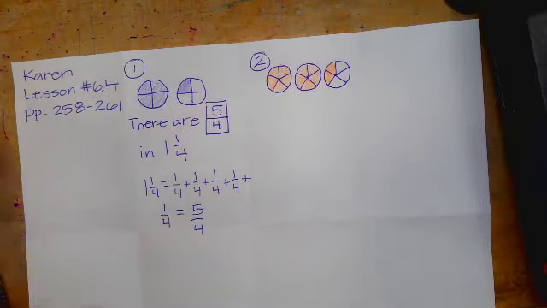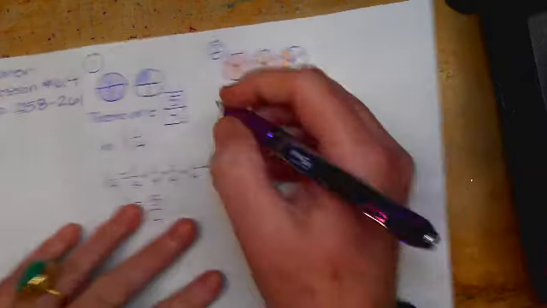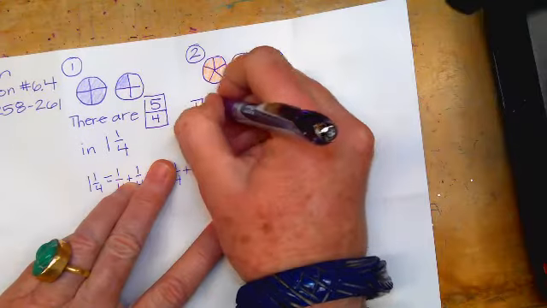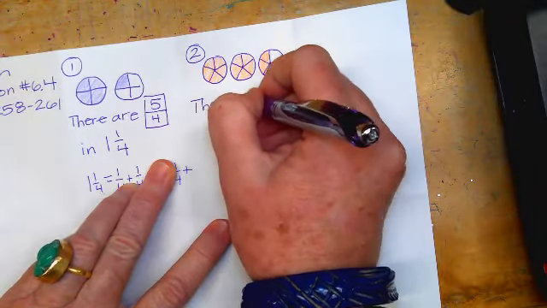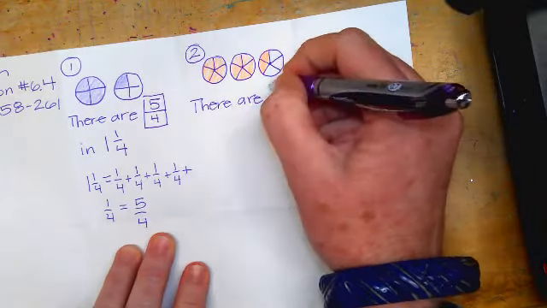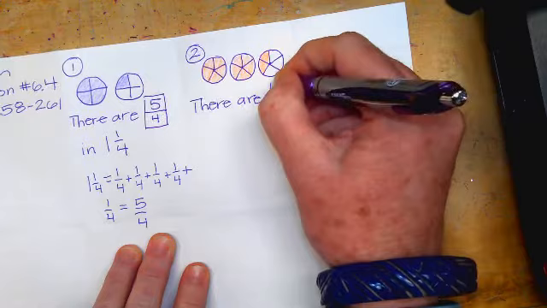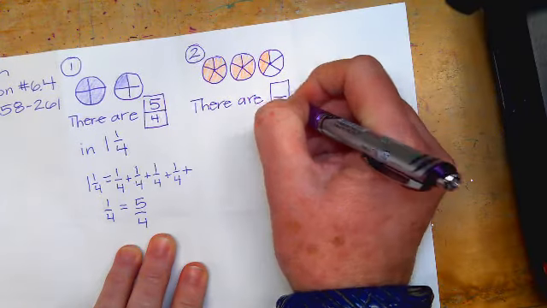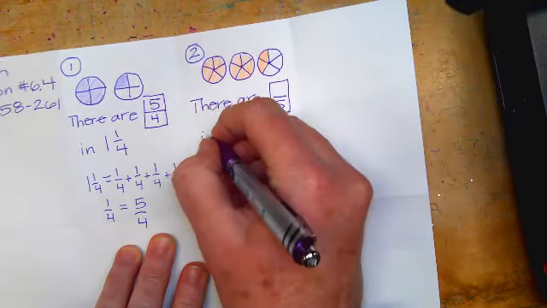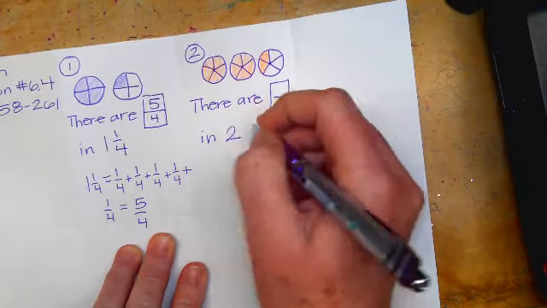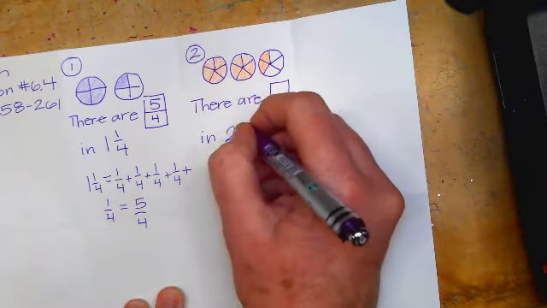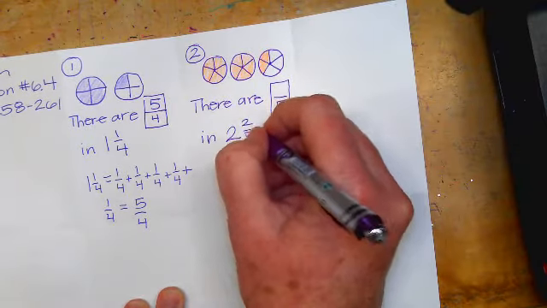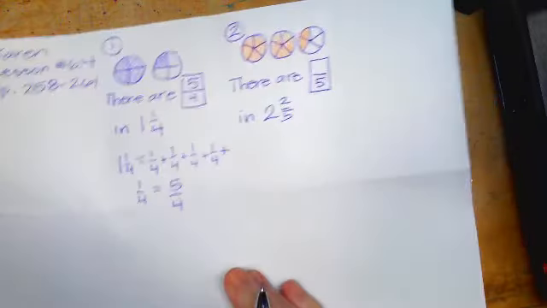I didn't color them very dark because I still want you to be able to see the lines. And then it says there are green box, and these are fifths, right? In 2 and 2/5.